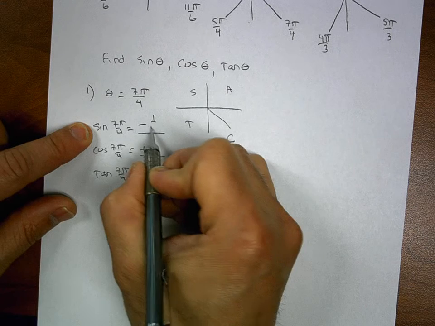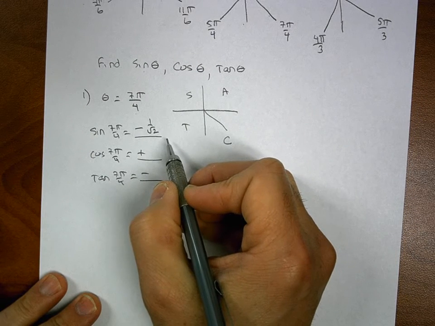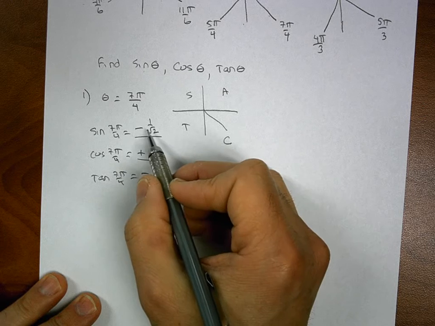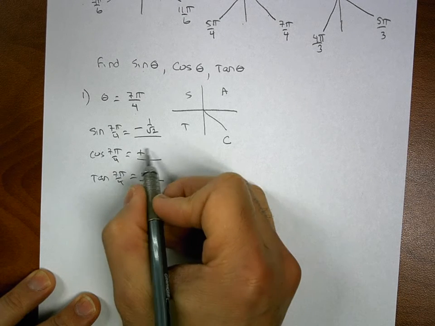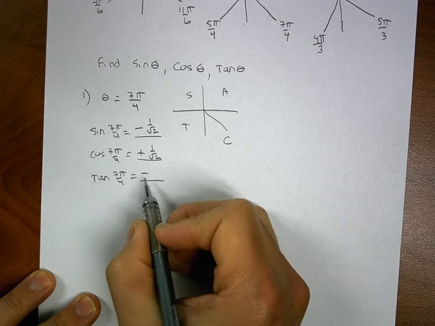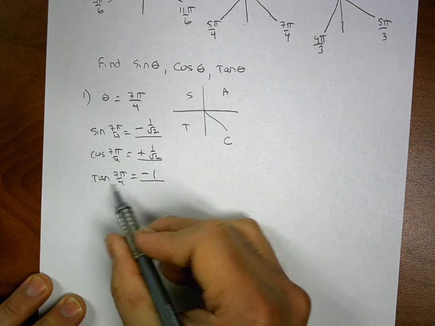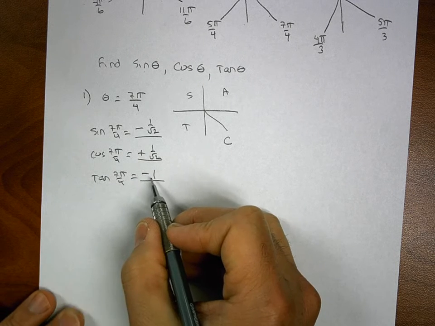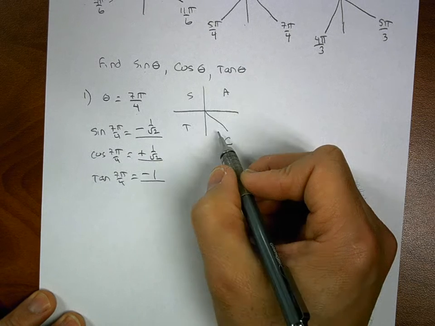So sine of this angle in the fourth quadrant is negative 1 over root 2 because sine is negative. Cosine of 45 is positive 1 over root 2. Tangent of 45 is 1, so tangent of 7 pi over 4 would be negative 1. This is a 315 degree angle. Okay. All right, number 2.